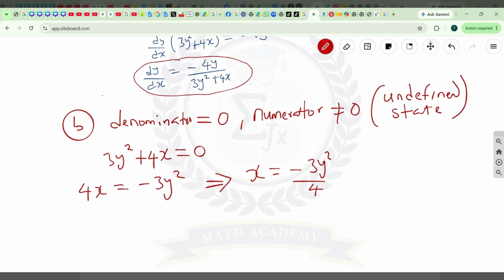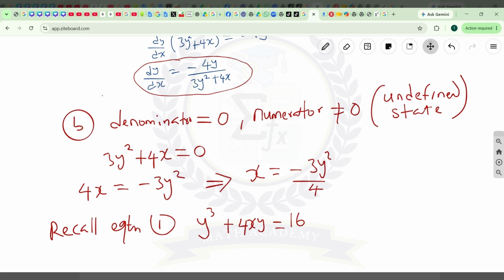Now we're going to substitute the value of x into our equation 1, which was the equation of the curve that was given. So this is equation 1.